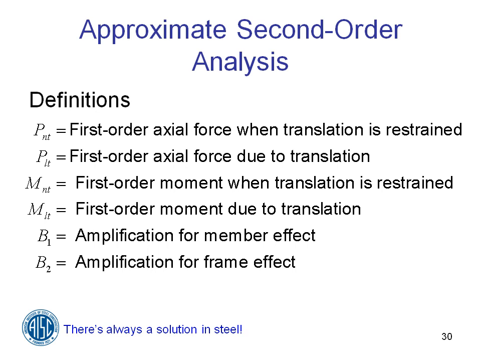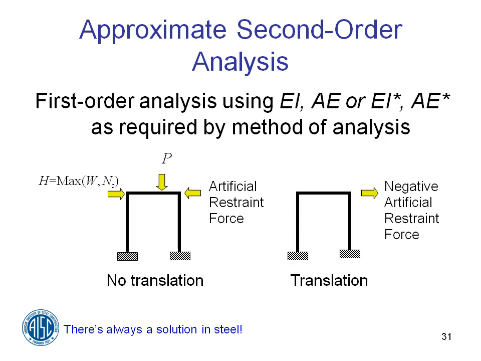We can see in this next slide how we would go about doing our analysis. We first take a little structure that has gravity load and lateral load, and we put on an artificial reaction up here. So here is this thing I've called the artificial restraint force. We put a reaction up there and we analyze that structure, and when we do that, that structure cannot sway sideways.